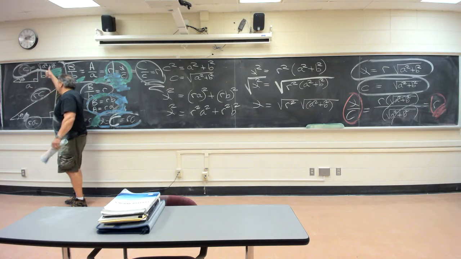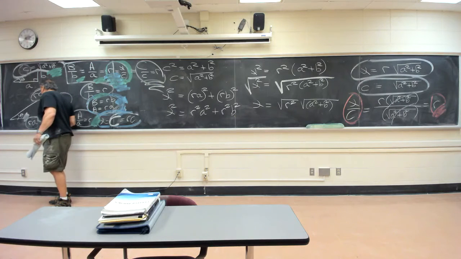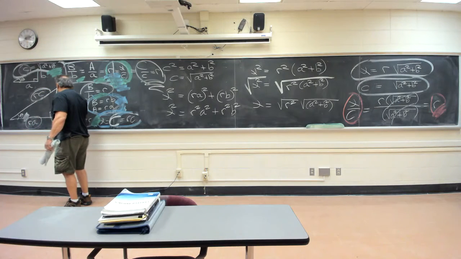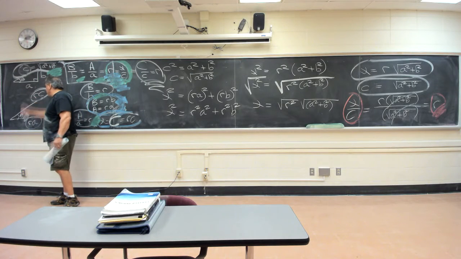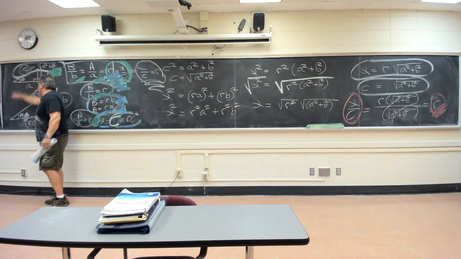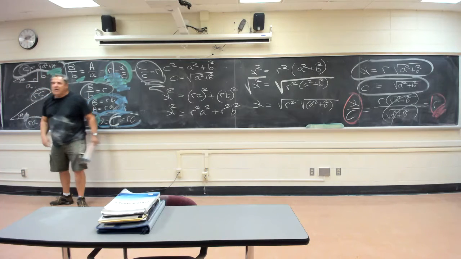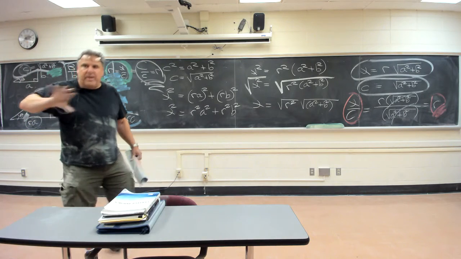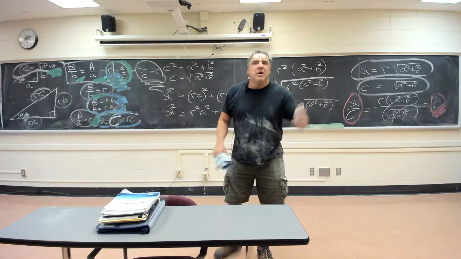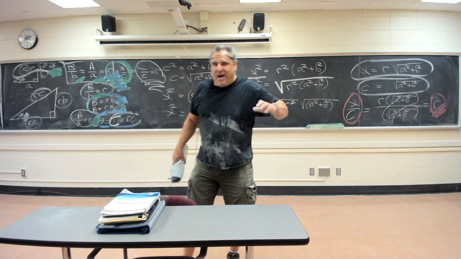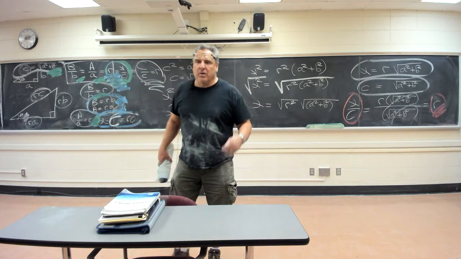RB divided by B is R. So long rise divided by short rise, RB divided by B is R. Long run divided by short run, RA divided by A is also R. Long hypotenuse divided by short hypotenuse, RC divided by C is R. The ratio, if you're comparing appropriate sides, corresponding sides, all the ratios that we talked about are for real, for all three sides of any right triangle, including the hypotenuse.